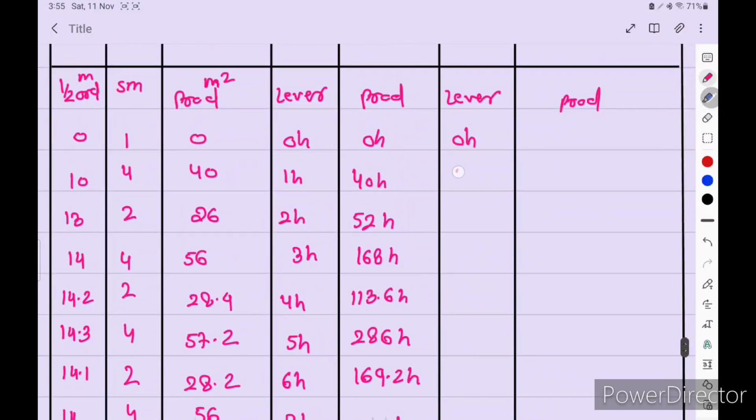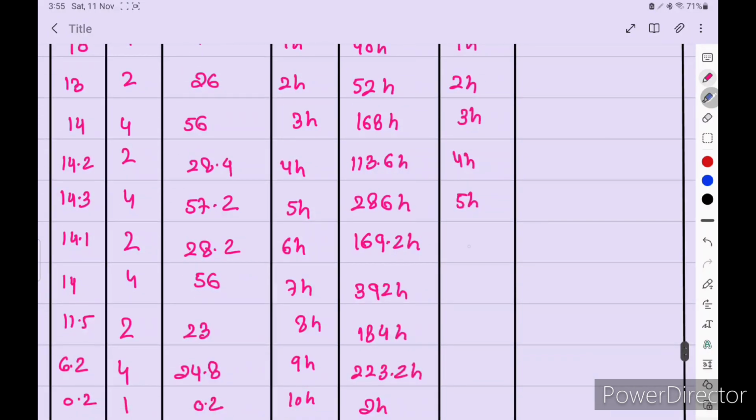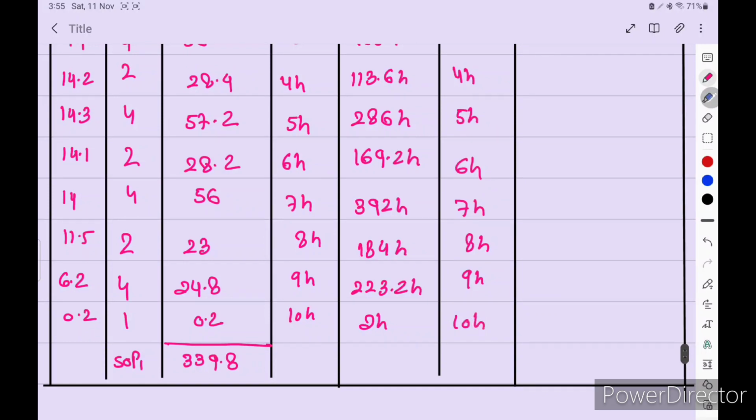Now 0H, 1H, 2H, 3H, 4H, 5H, 6H, 7H, 8H, 9H, 10H.